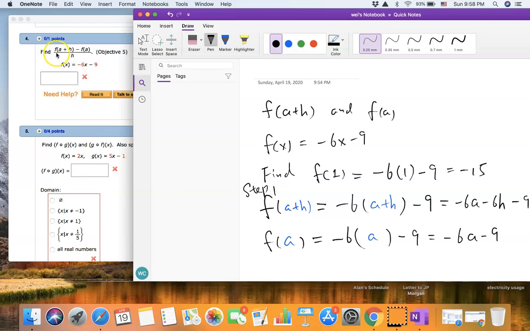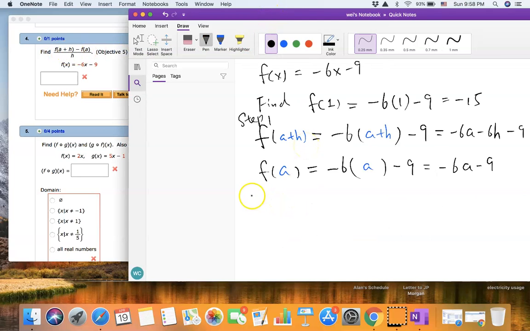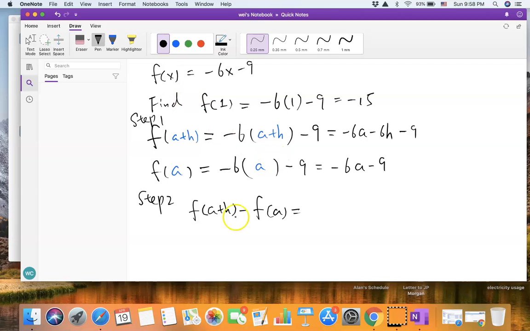Now, in step 2, we want to figure out how to write the numerator, which is the difference of these two things. So the difference of these two things is going to be negative 6a minus 6h minus 9 minus negative 6a minus 9.